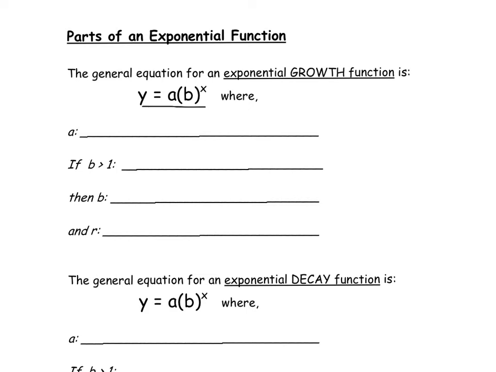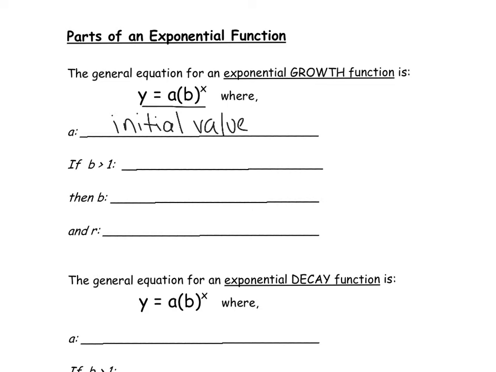I kind of added it myself, but what comes after your base and your exponent is going to be your asymptote, where it's approaching. But a, when we're looking at real world context, is going to be your initial value.